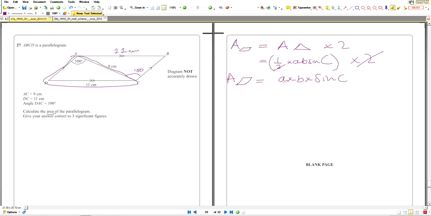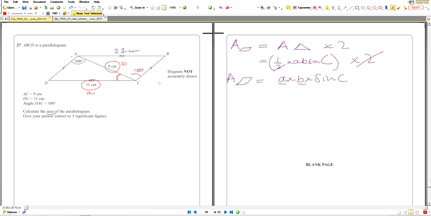Now, what are the A and B values here? You need two lengths with the angle in between. So here are my two lengths. Let's get rid of some of these lines to make it neater. We're breaking down the question into its components. This could be called my little a, this one my little b, because you already know those two parts of the triangle, and this is the angle in between.